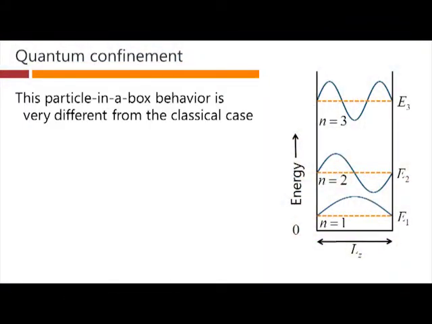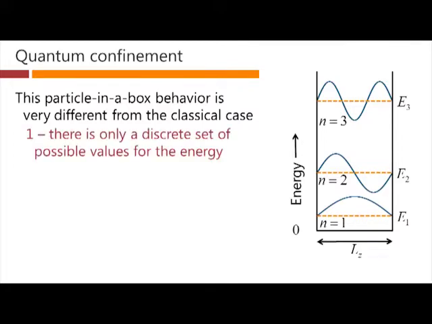Let's look at the various differences and surprises we're seeing here. So, specifically, for this particle-in-a-box behavior, it's very different from the classical case in several specific ways. First of all, there is only a discrete set of possible values for the energy.